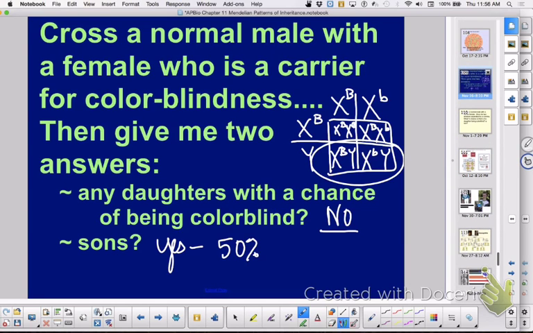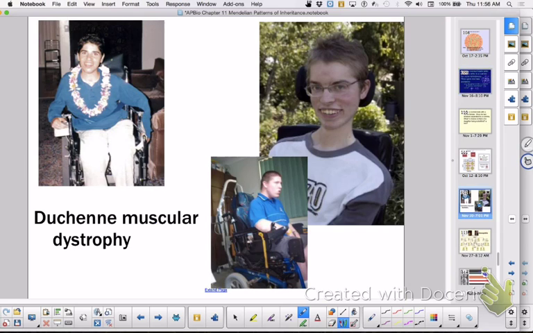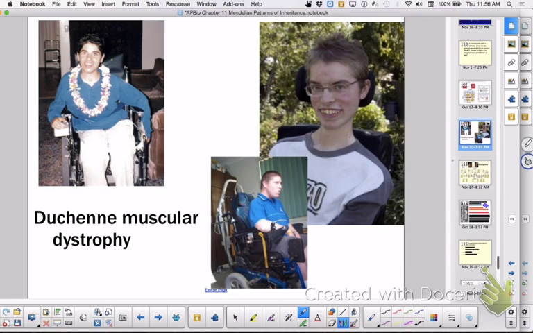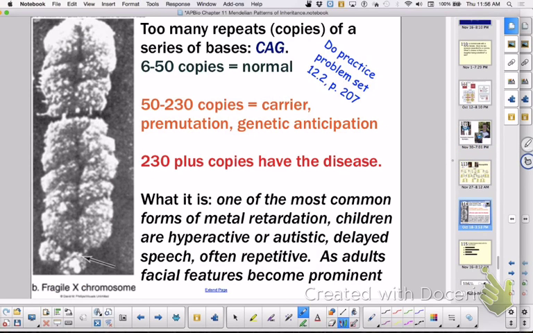All right. And then things like Duchenne's muscular dystrophy is a sex-linked disease. And there are other options as well. I didn't put this in your notes, but you can have fragile X. See how part of the X is coming off right down there? It is the most common form of mental retardation.